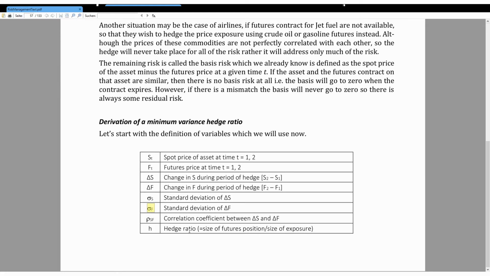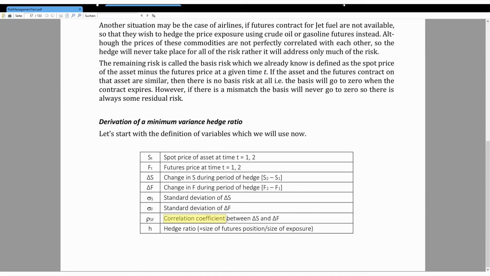And we need the correlation coefficient between delta S and delta F. The correlation coefficient is between -1 and +1, and it is a value that gives us an idea of how similar these two random variables behave. If it's negative, they sometimes go in different directions.